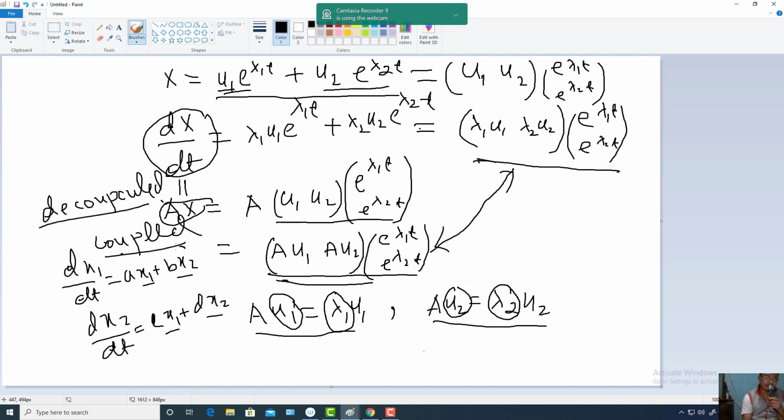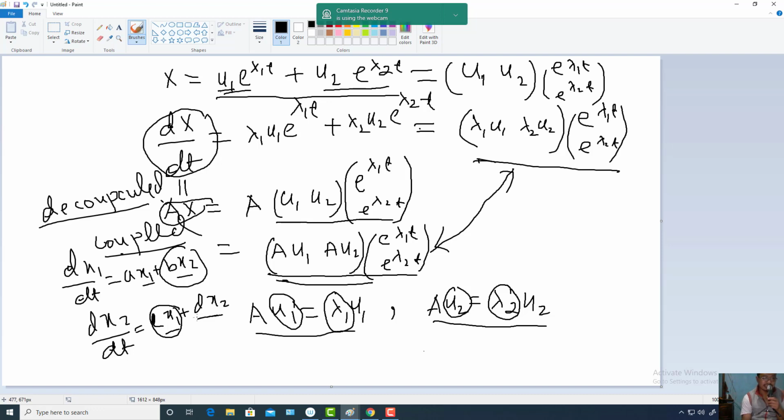If somehow you are able to eliminate this term, then dx1 by dt is equal to ax1, and it is very straightforward to solve that equation. Similarly, by some transformation, if you are able to eliminate the first variable so that only x2 remains, then it is also very easy to solve.